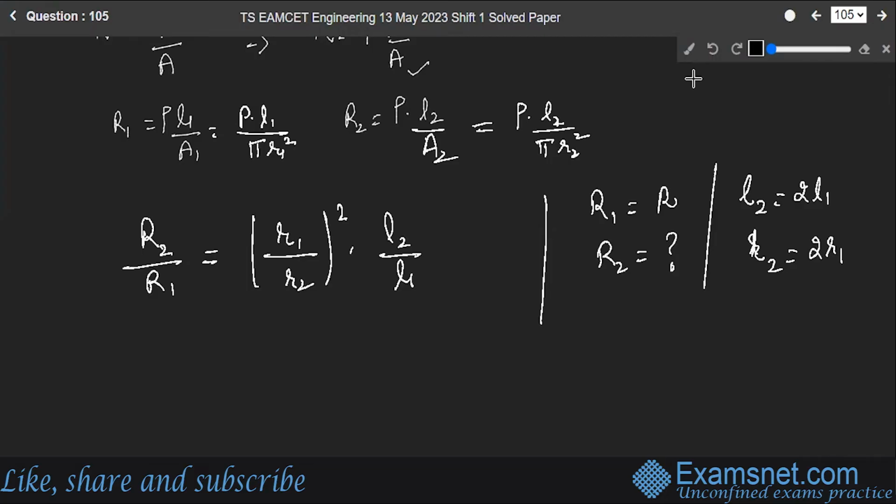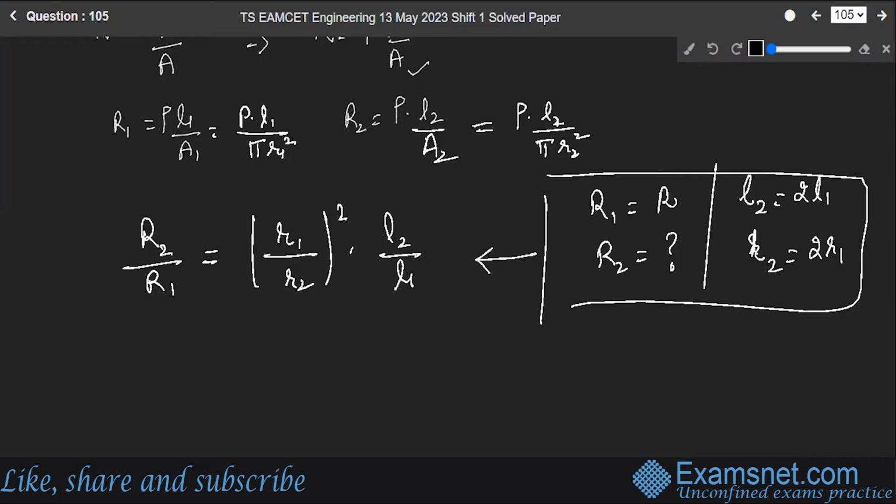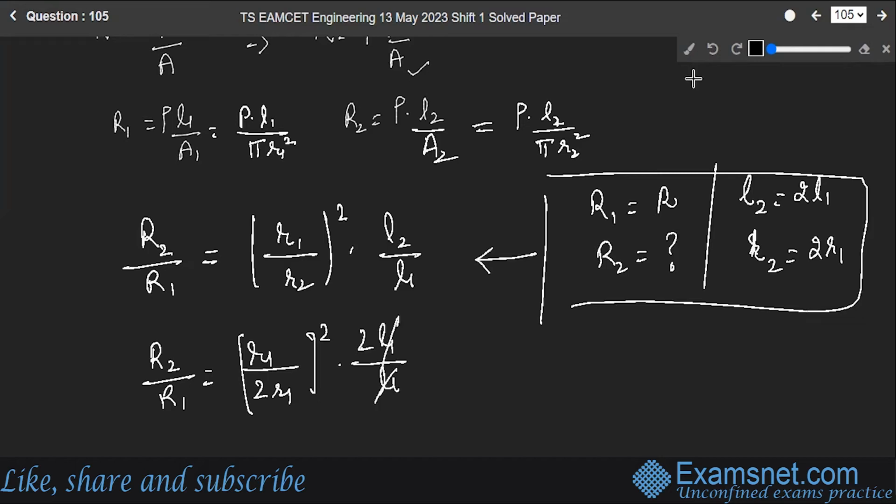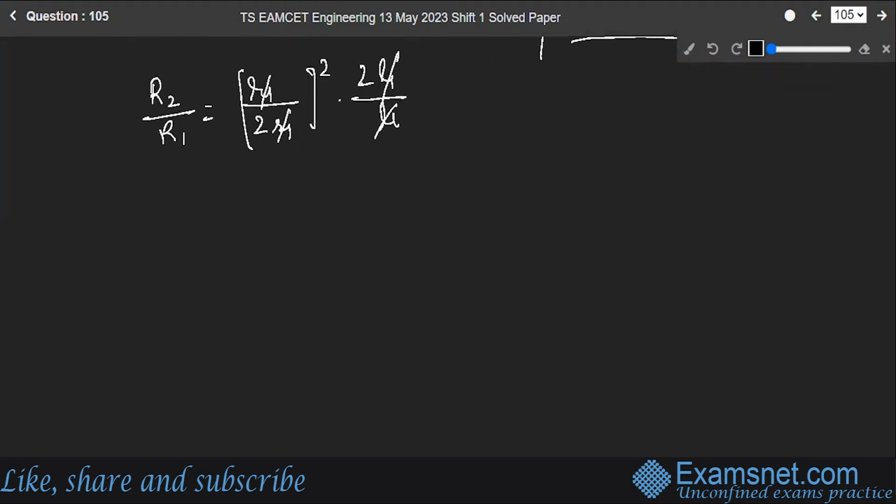Okay, so from filling in all these things in this equation, you will have R2 upon R1 is equal to r1 upon 2 r1 square into 2 L1 upon L1. So this thing will cancel, this will cancel, and you will have R2 upon R1 is equal to 1 by 4 into 2, or this is equal to 1 by 2.